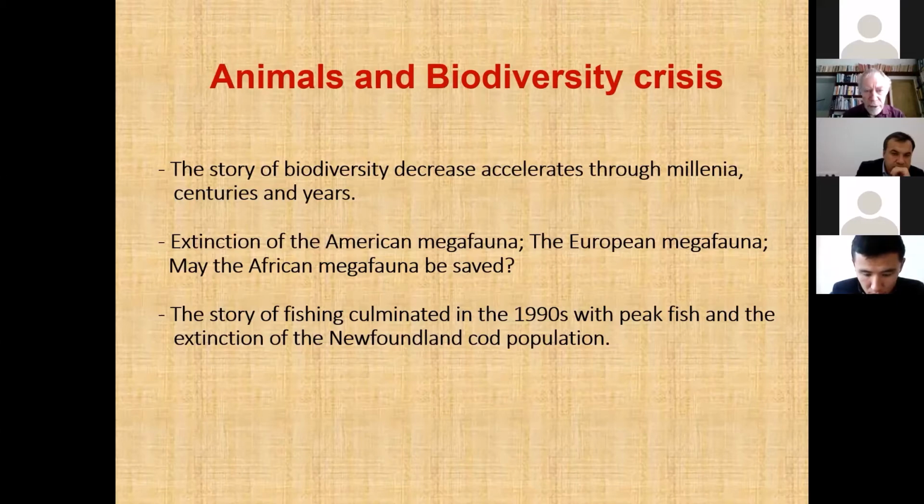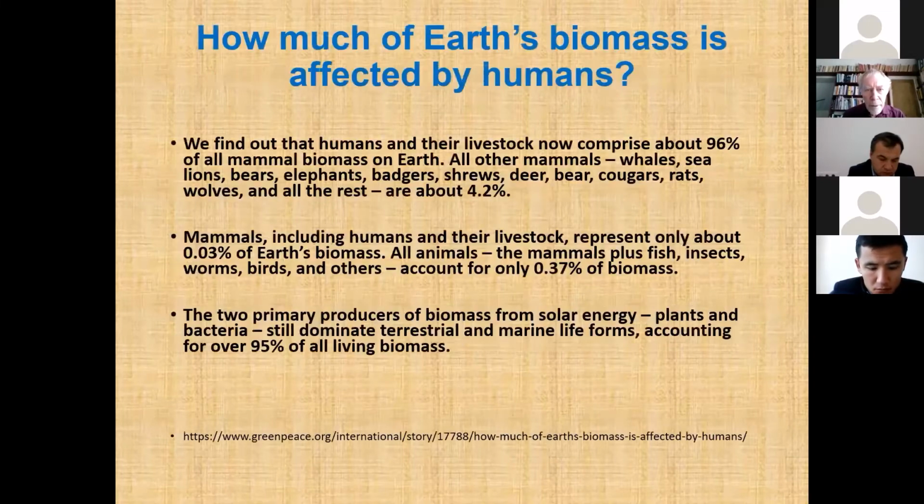When it comes to fish in the oceans, especially, we already saw that peak fish happened in the 1990s, and since then it's going down. The most terrible example is the extinction of the Newfoundland cod population. So the biological part of our planet is now reduced very much because humans and human livestock is increasing so enormously much.